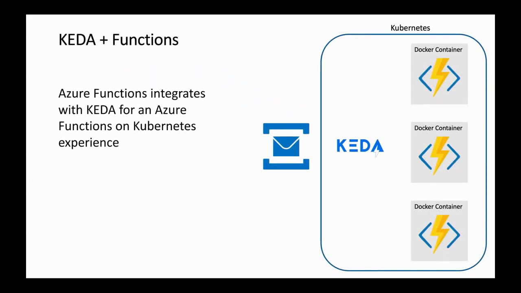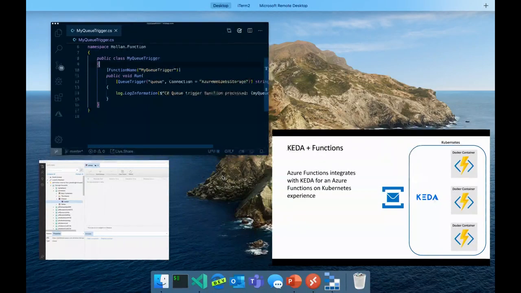So when you combine this event-driven scale controller of KEDA with Azure Functions in Kubernetes, you have a very similar experience in how your containers run and scale, but now running entirely inside of Kubernetes, all right? So I'm going to pause here and I'm going to show you a quick demo so you can see what this looks like in action.